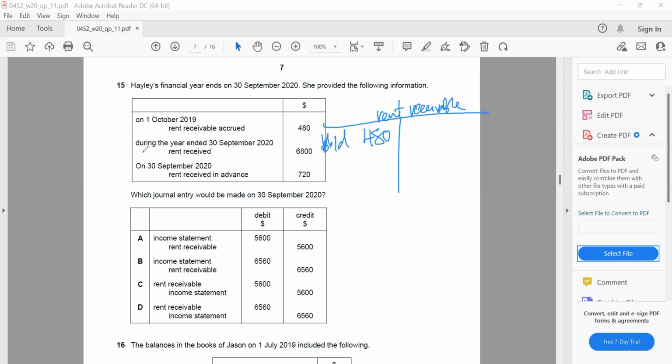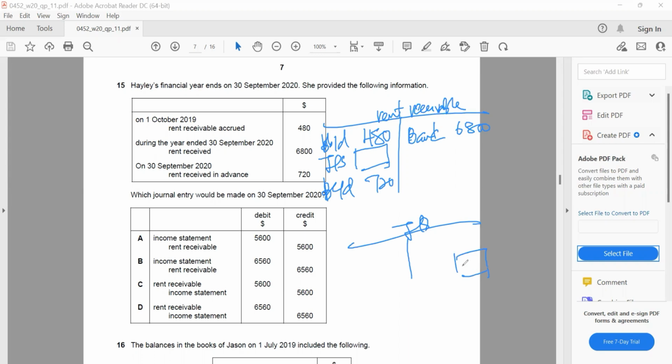During the year, rent received, that means this is a bank amount 6,008. On the 30th, end of the year, rent received in advance. This is a liability, balance carried down 720. So now our amount to adjust will be the income statement amount. So the double entry will be debit rent received, credit income statement.